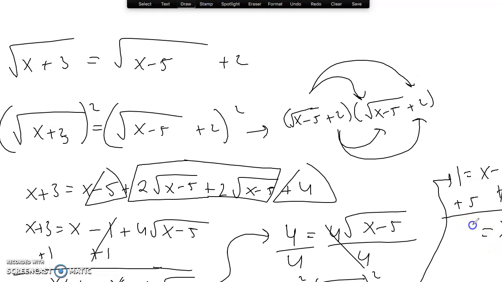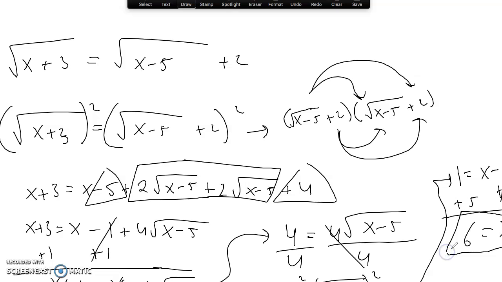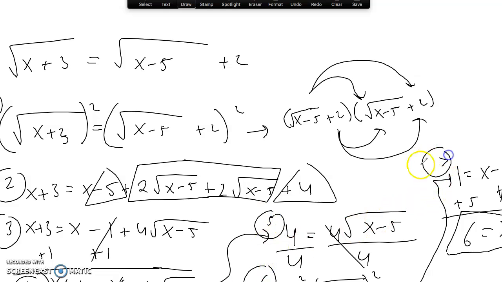That leaves x equals 6. So x equals 6. So this is step number 1, step number 2, step number 3, step number 4, step number 5, step number 6, step number 7.